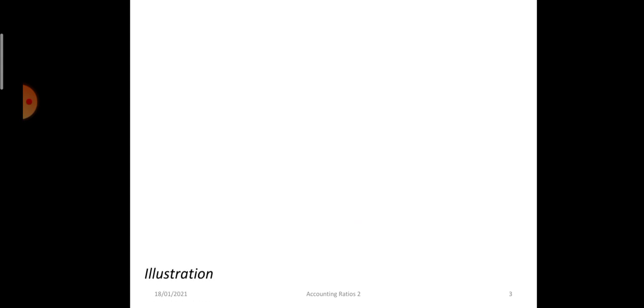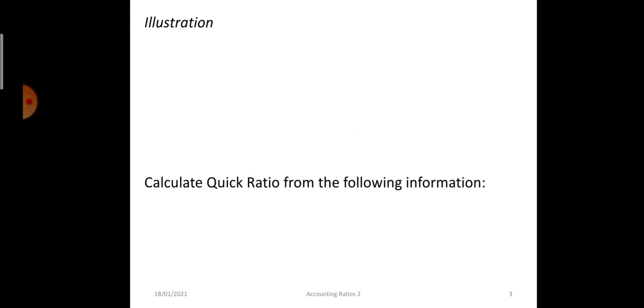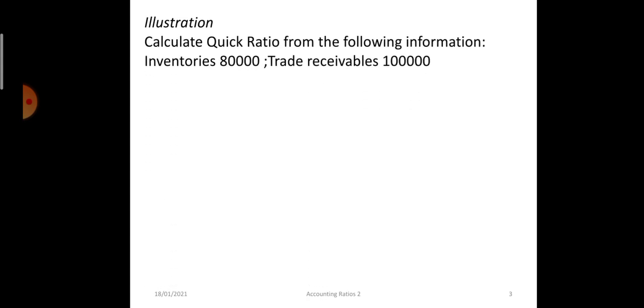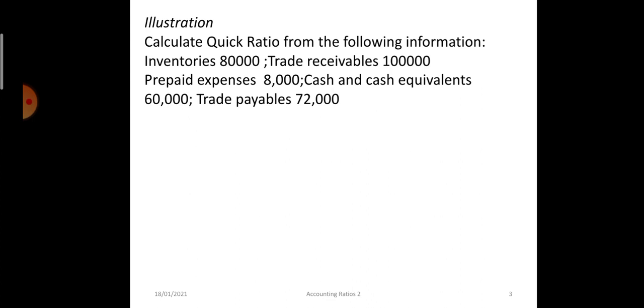Now to understand that, let's take one question. Inventories 80,000, trade receivables 1 lakh rupees, prepaid expense 8,000, cash and cash equivalent 60,000, trade payables 70,000, and short term borrowing, that is bank overdraft, 8,000 rupees.